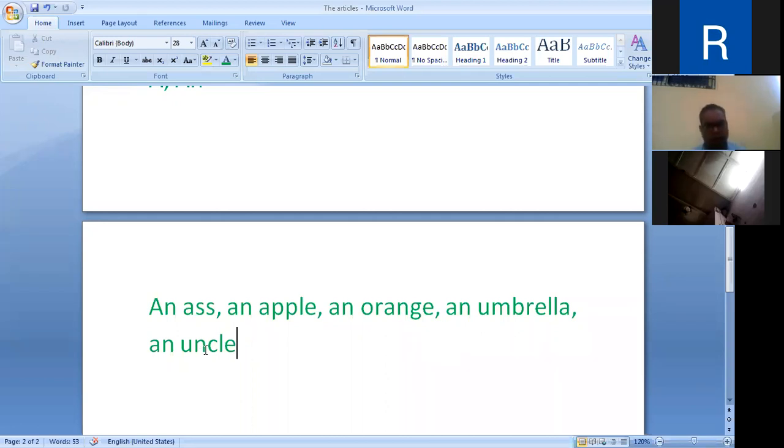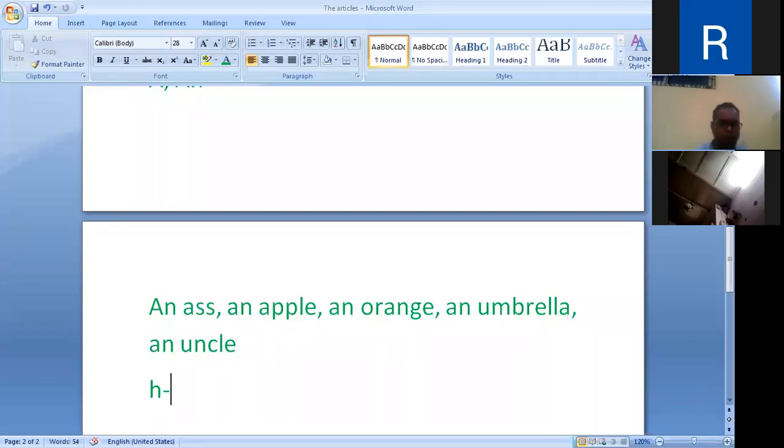Next, an is used before a word beginning with H, where the H is not pronounced. Then the beginning sound of the word becomes a vowel sound.